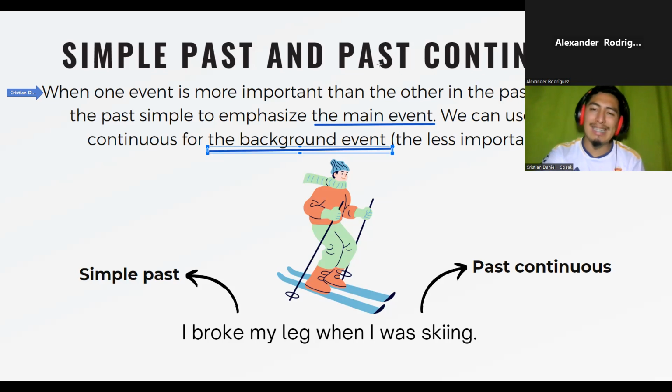Then what is the less important event? I was skiing. Very good. As it says, when one event is more important than the other, we need to use the simple past for the most important event, and then for the less important, we need to use a past continuous, okay?